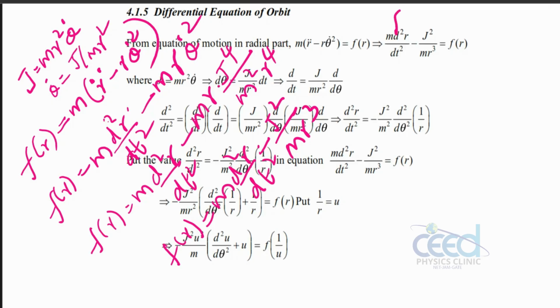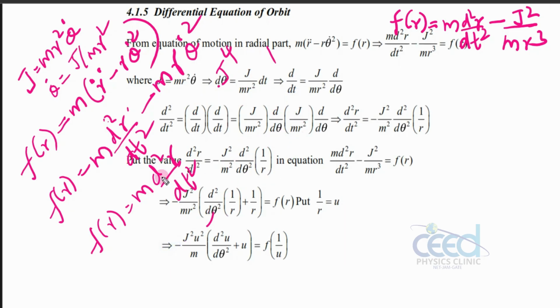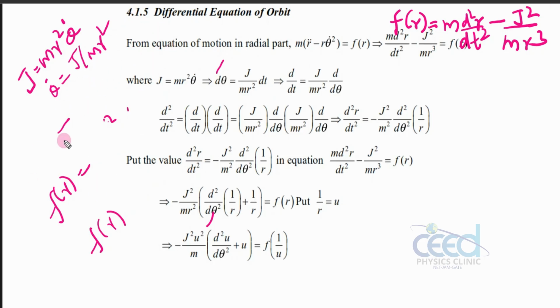I am writing here f of r is equal to m d square r by dt square minus J square by m r cube. Now what is d theta by dt? That is theta dot. I am erasing this for a time, keep this relation here. Now again we studied this, theta dot is equal to J by mr square.